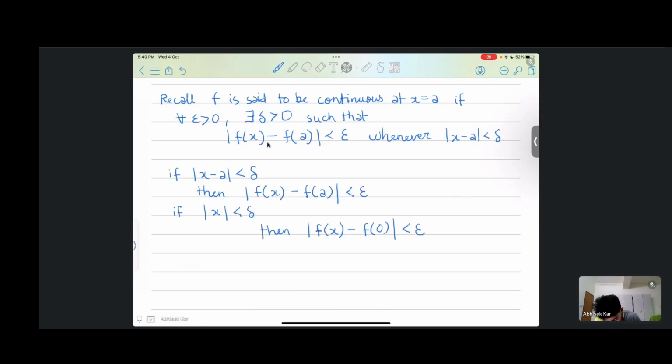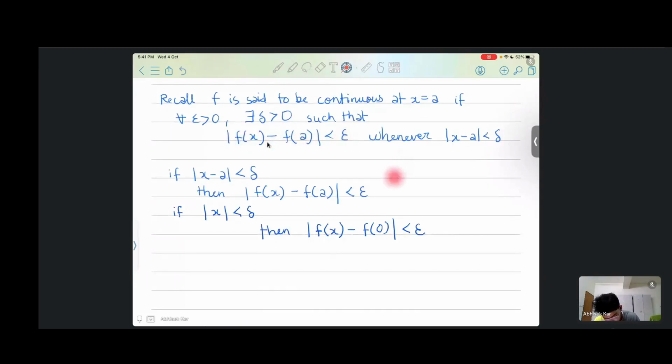Okay, so this is what we want to prove. We need to exhibit that there exists a delta such that this condition holds true.